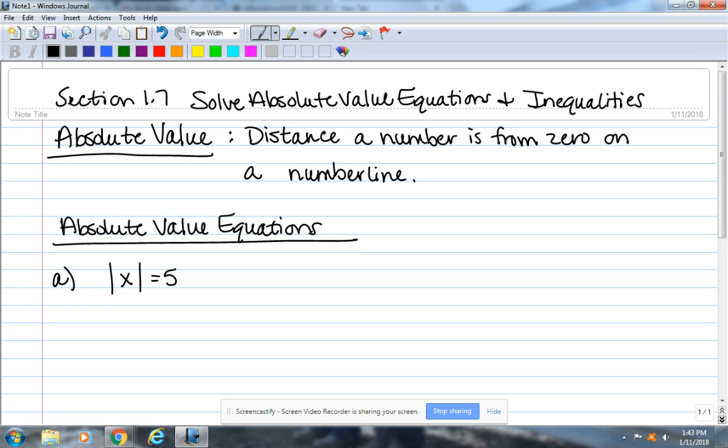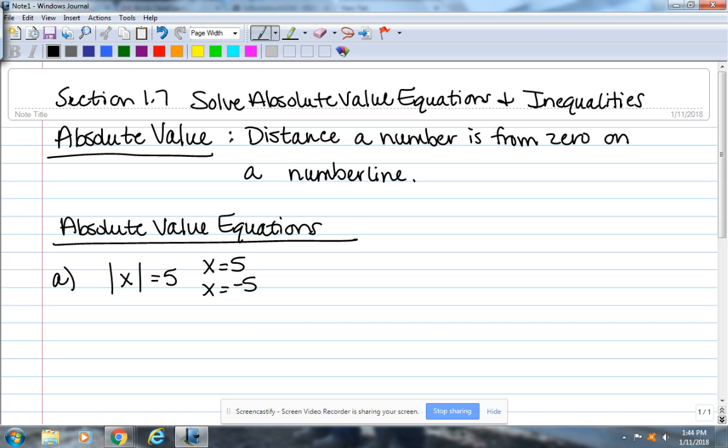What number has a distance of 5 from 0 on a number line? How many numbers have a distance of 5? 2 numbers. What are those 2 numbers? So x equals 5 and x equals negative 5 are your 2 answers.